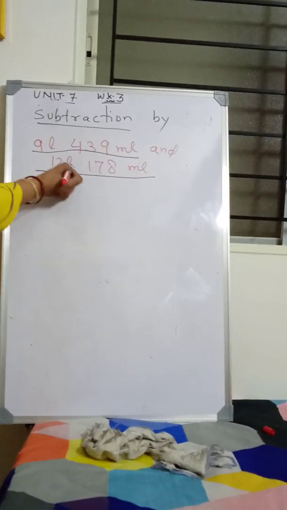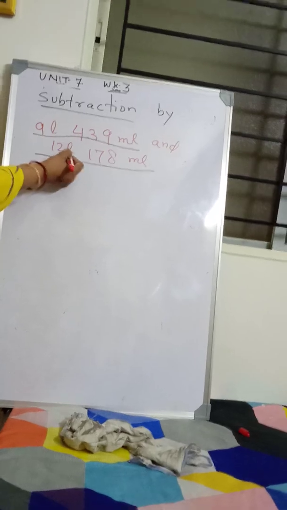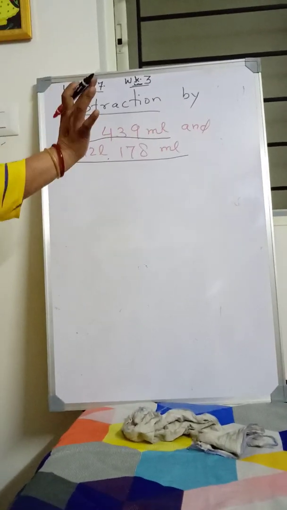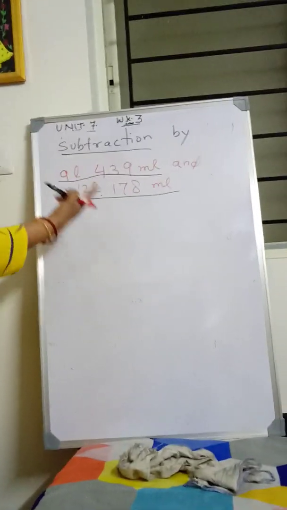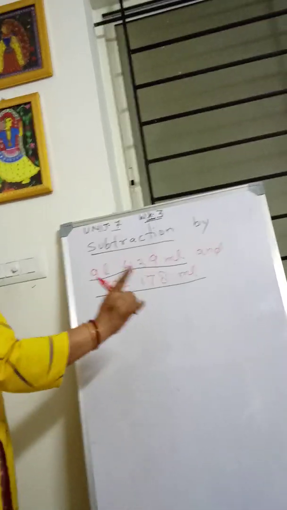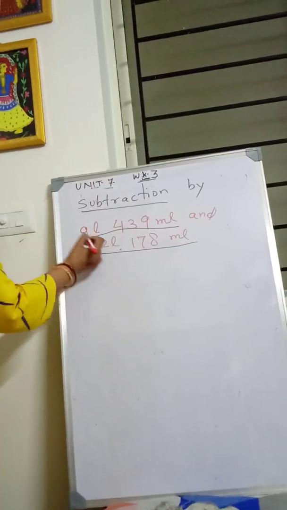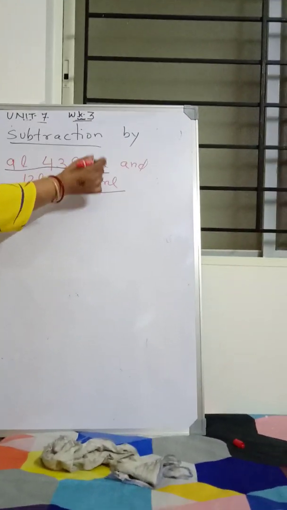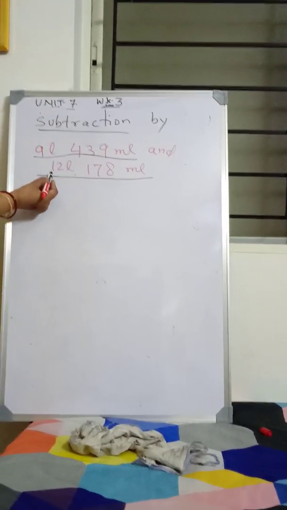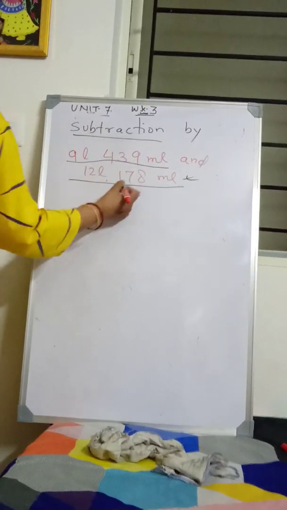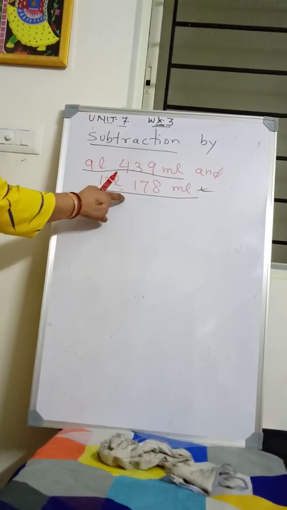According to comparison, we compare from the greater unit, liter and liter. We don't think about milliliter and milliliter, forget it. When we are comparing numbers, always we compare from the greater unit, correct? So here 12 is more than 9, so 9 liter 439 milliliter is smaller than 12 liter 178 milliliter. So 12 liter 178 milliliter is the greater number.